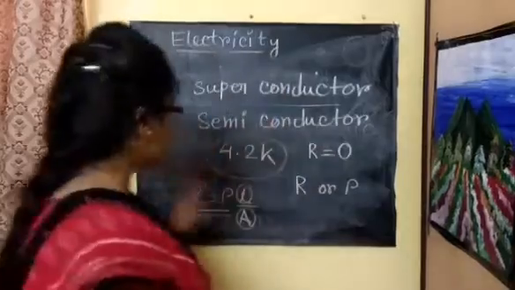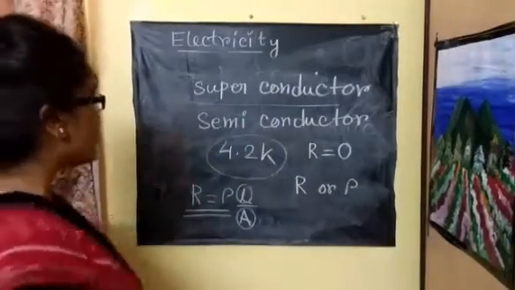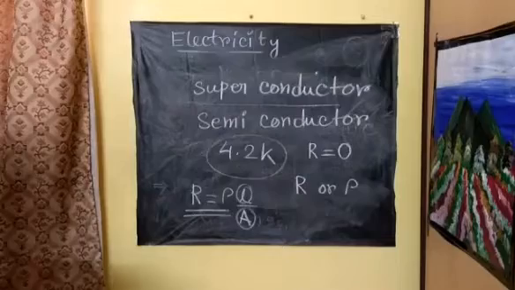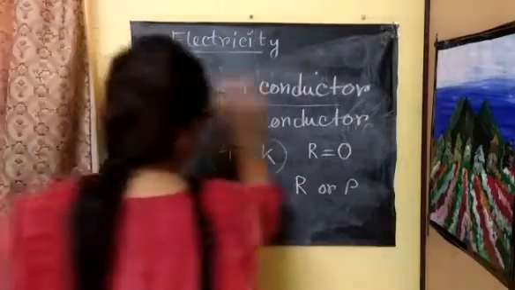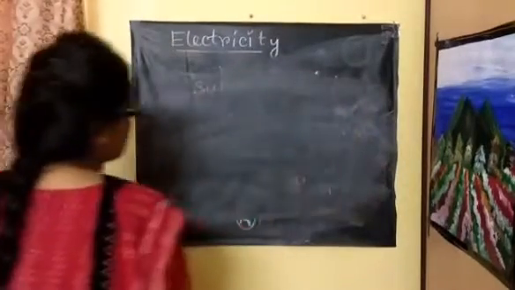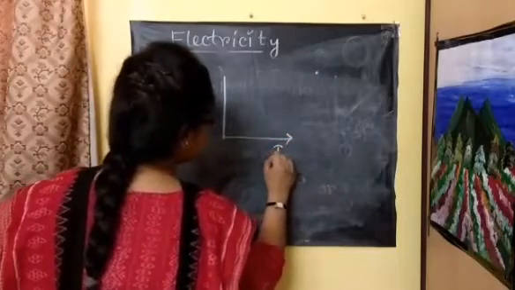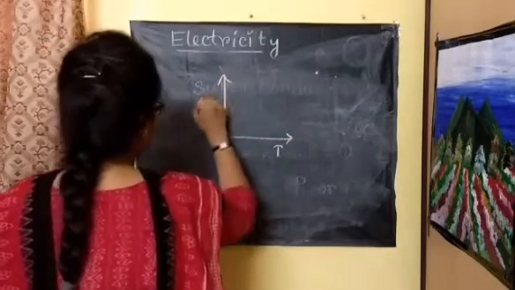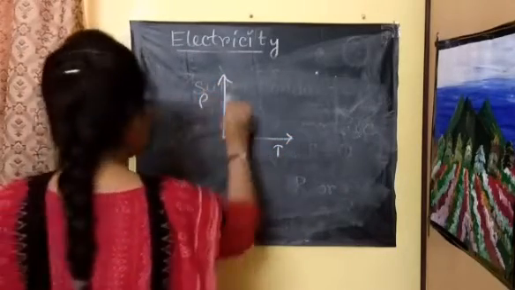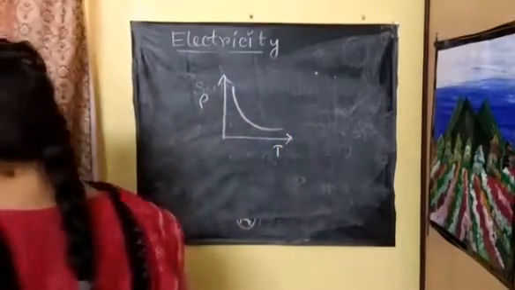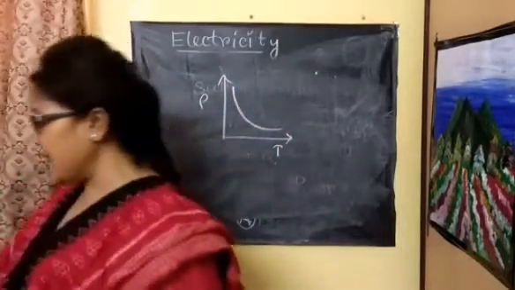Now what I am telling is that for a semiconductor, the relationship between resistivity and temperature will be non-linear. Suppose this is T and this is rho, where T is the absolute temperature. There is a non-linear relationship between resistivity and temperature.